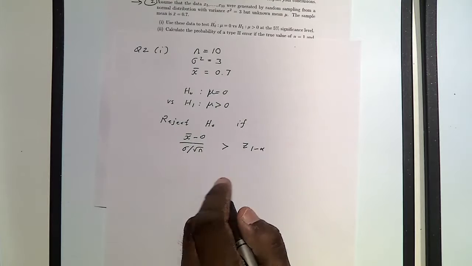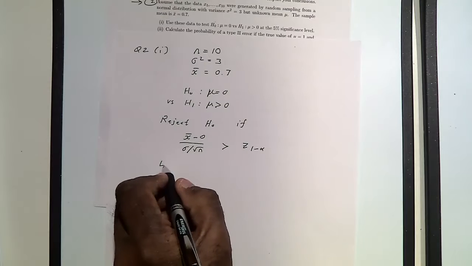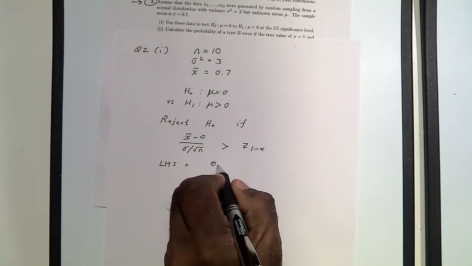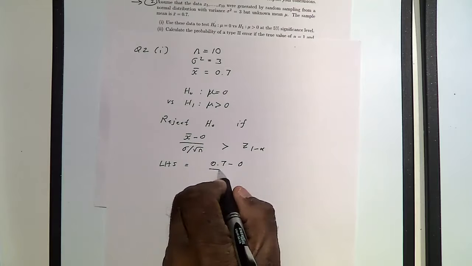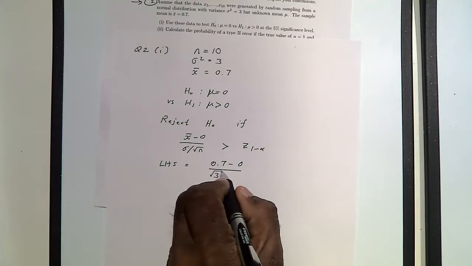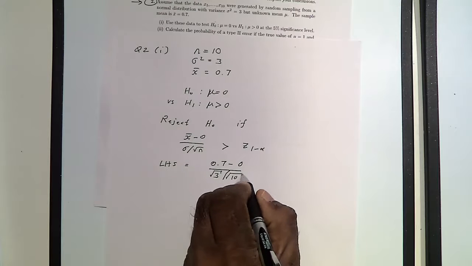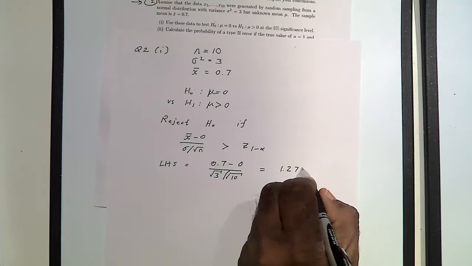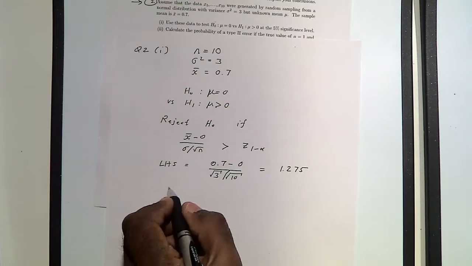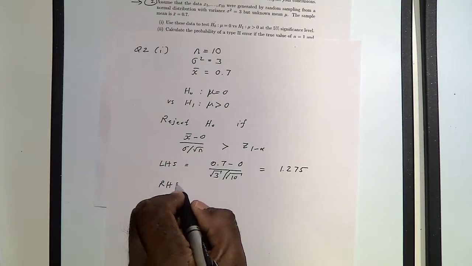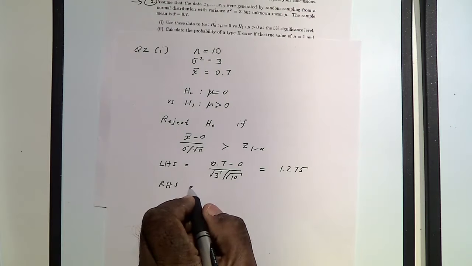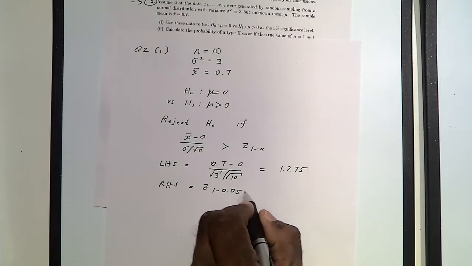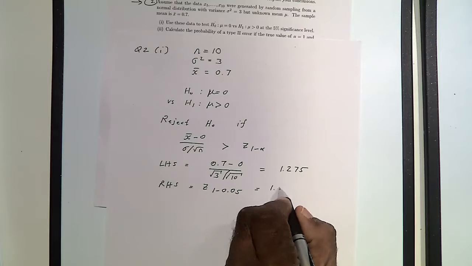Let's look at the left hand side: x bar is 0.7, take away 0, divided by sigma, which is square root of 3, over root n, n is 10. If you work this out, this will be 1.275. The right hand side, with alpha at 5%, is z 1 minus 0.05, which is 1.645.